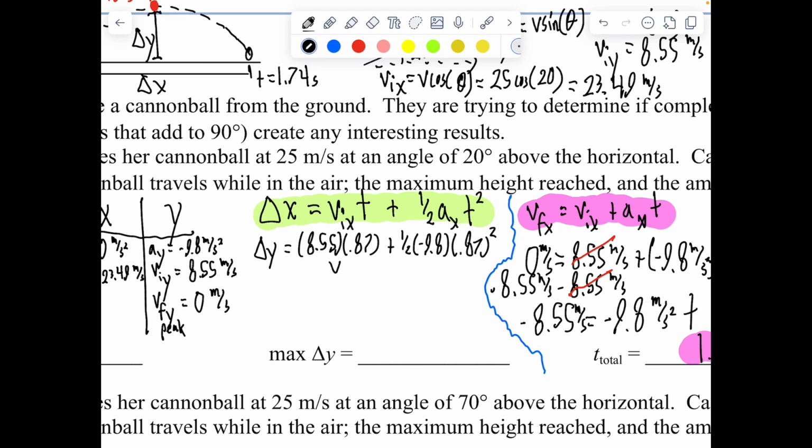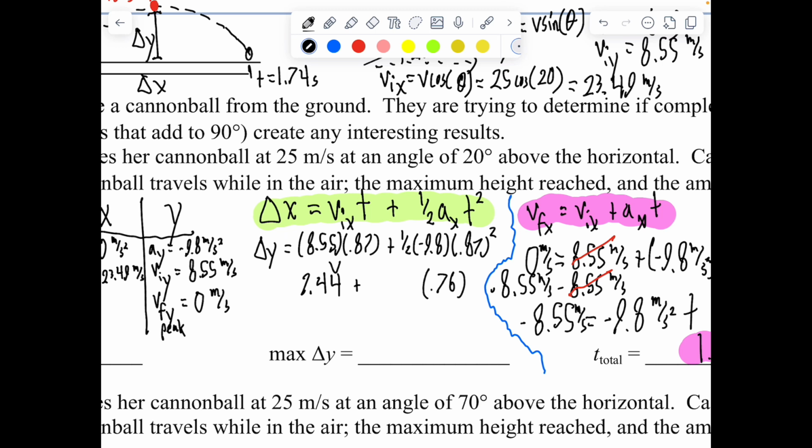All right, now, as for the order I like to plot these things in, I like to combine our 8.55 and 0.87. Let's just multiply them. 8.55 times 0.87. We get 7.44. Let's round to that nearest hundredth place. Plus, I like to start with my squared term so I don't mess anything up. 0.87 times 0.87. Multiply them together. For that term, we get 0.76.